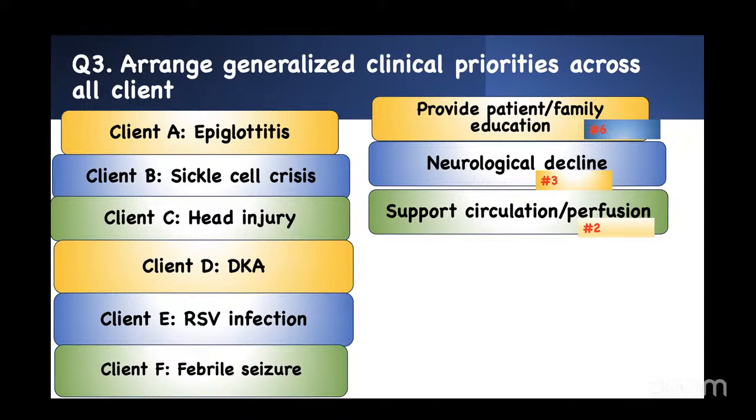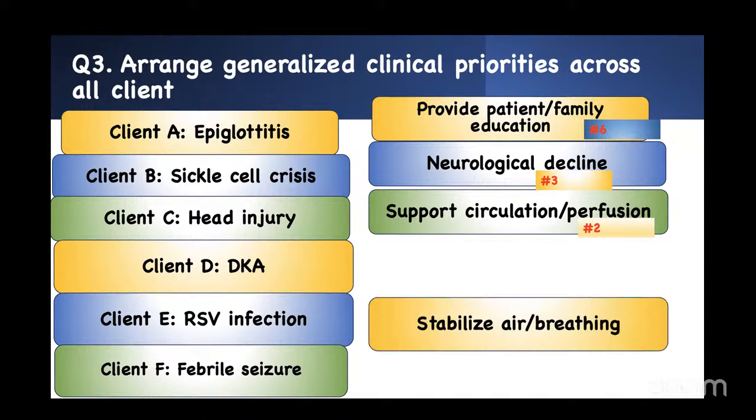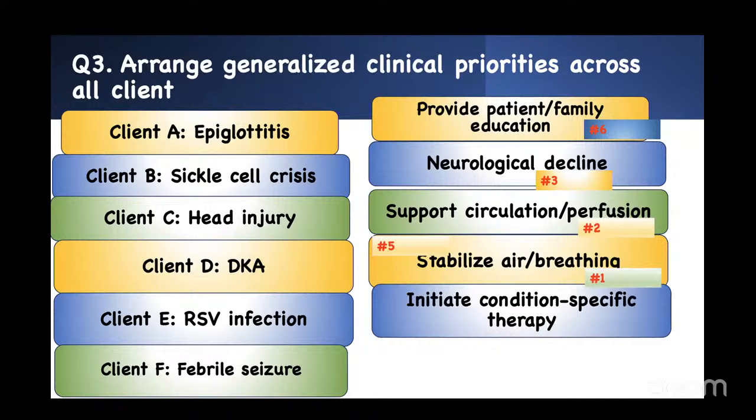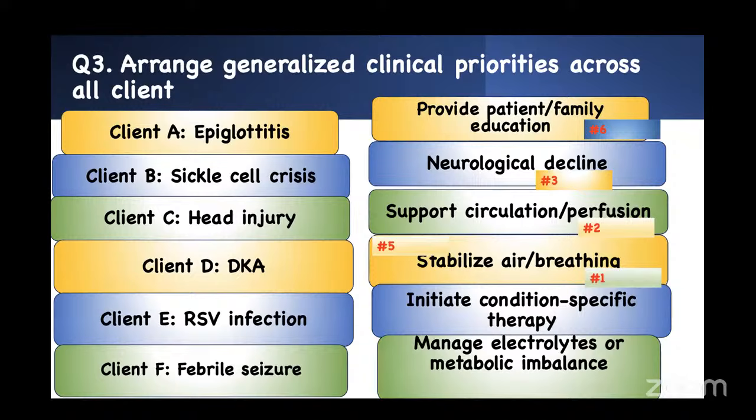And then to stabilize the airway, there are 2 patients, RSV infection and epiglottitis. Those are the 2 that will need airway stabilization. But initiate specific condition therapy, I think it can be all of them. So that one, we're not going to focus on it. And to manage electrolytes and metabolic imbalance, we're talking about DKA. So if you see a question like that, that's what it means.